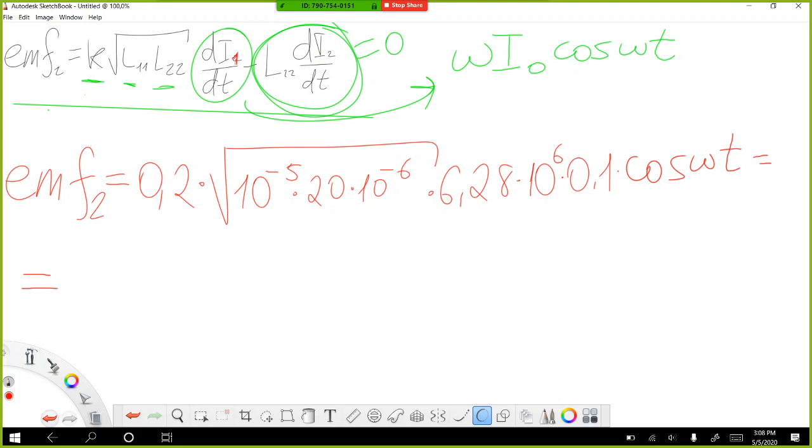So 0.2 multiplied by 6.28 multiplied by 0.1.